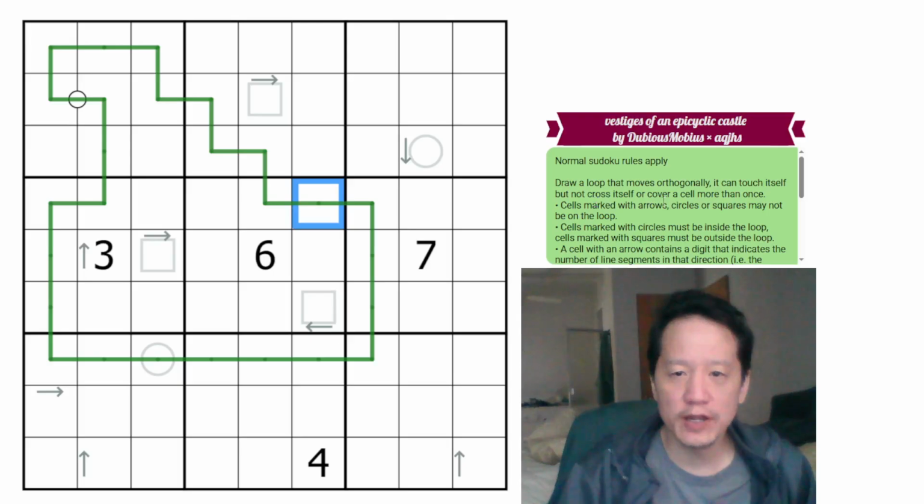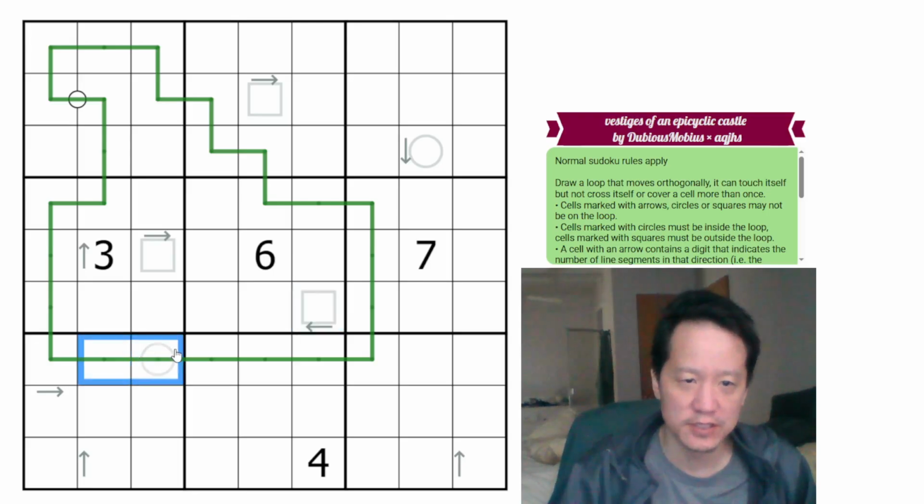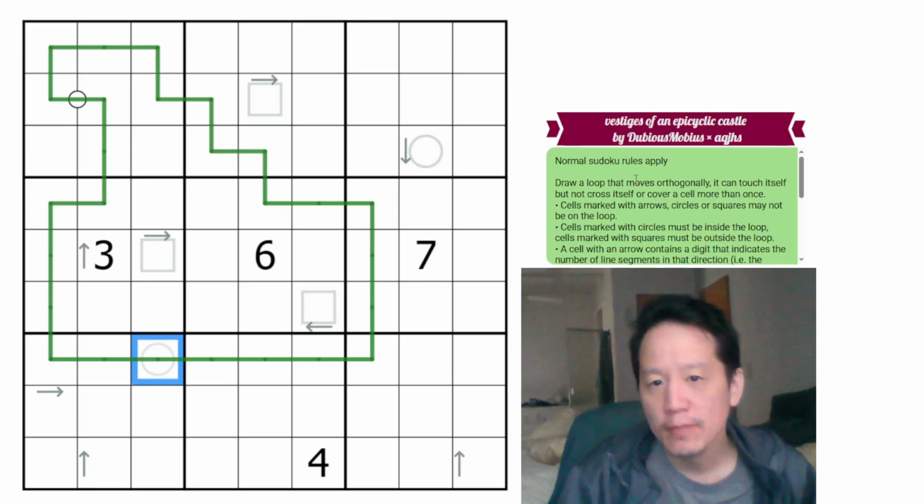Cells marked with arrows, circles, or squares may not be on the loop. So this is actually not valid because this cannot be on the loop.